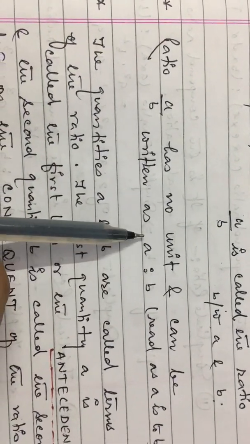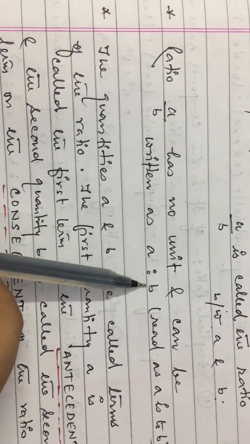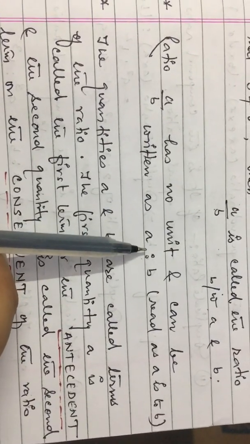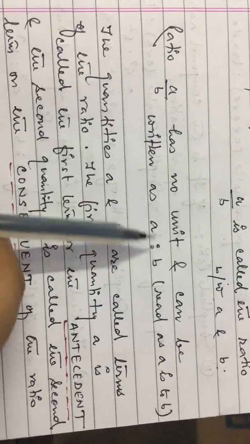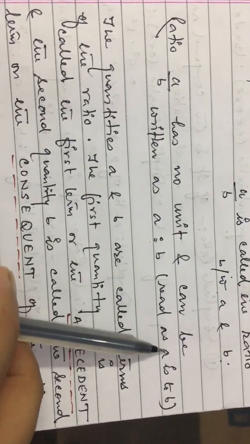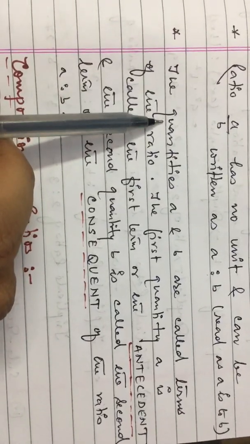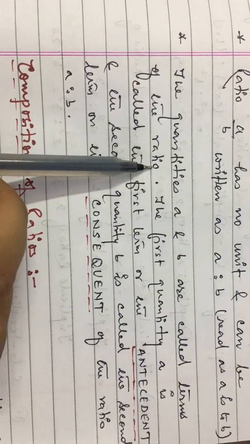It can be written as A and two dots B, which we read as A is to B. Now see, the quantities A and B are called the terms of the ratio.